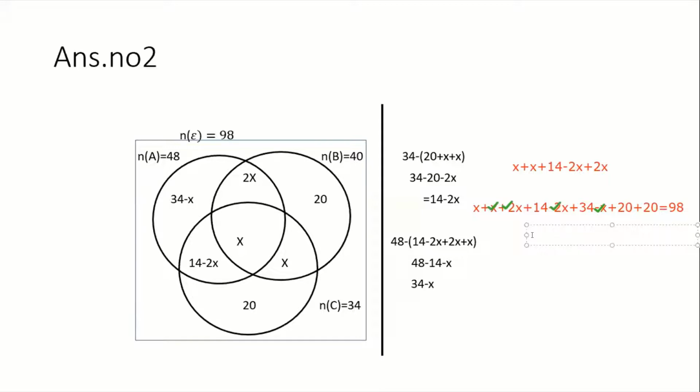Just a minute, what is 14 plus 34 plus 20 plus 20? So we have our x plus 93, giving us equal to 98.